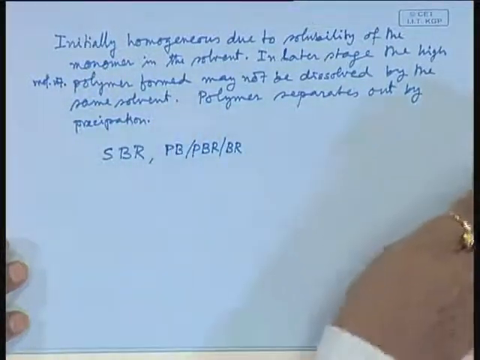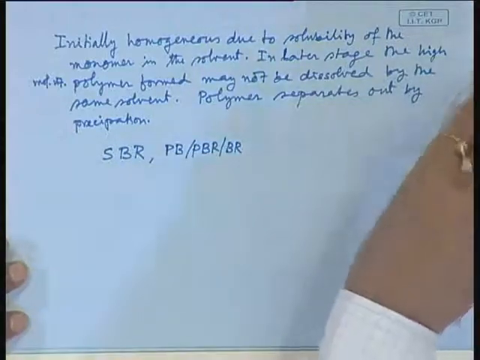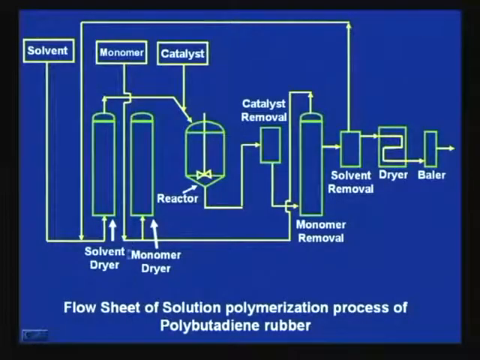Now, here you look at this flow diagram. Solvent, as the solvent. Now, the solvent may contain some moisture, other things. So, that moisture or water is to be removed. So, the solvent has to pass through a solvent drying unit, solvent dryer. Okay.